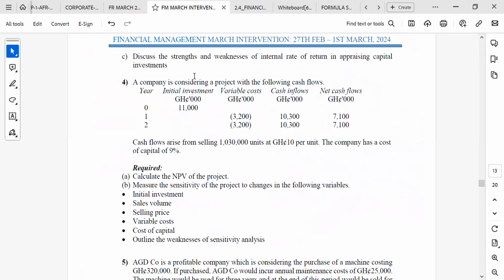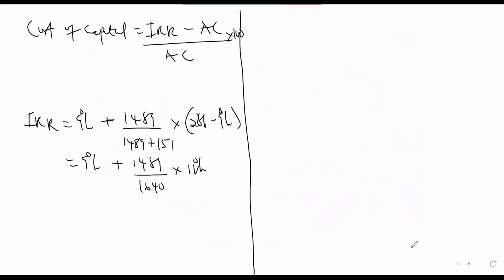Okay. So what are we getting for the internal rate of return? Can just make it 19. So 1640 times 11 gives 18.99%.